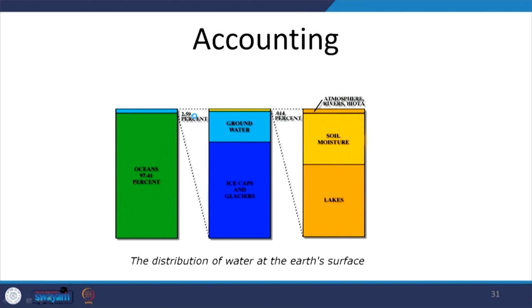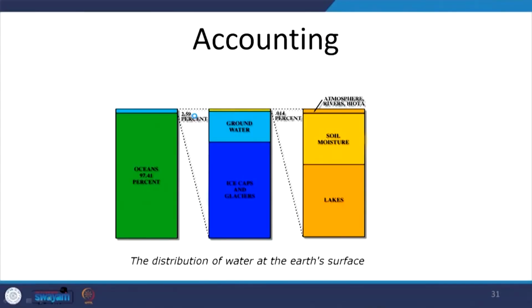If we look at 100% of the total water which is available on earth, only 2.5% of the water is available in surface aquifers and underground waters. Rest of it, 97.5%, is in oceans which cannot be used by humans for consumption. Out of that 2.5%, a large portion is locked in ice caps and glaciers.